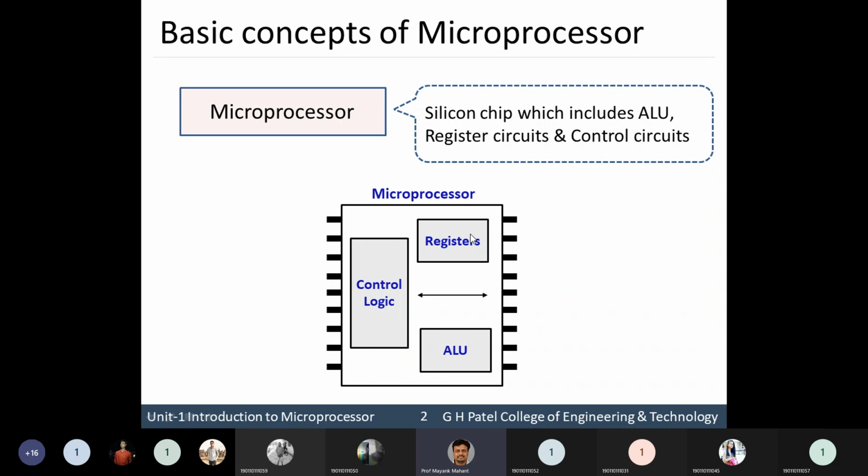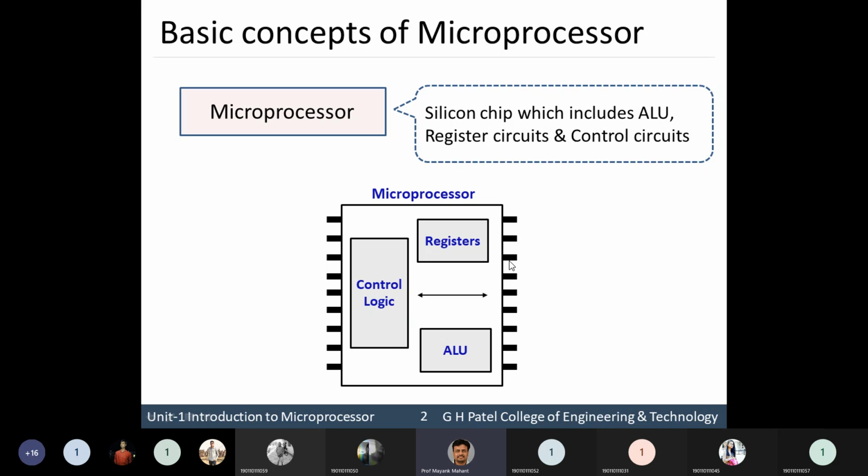If we talk about the 8085, it has the registers A, B, C, D, E, H and L. A we call the accumulator.